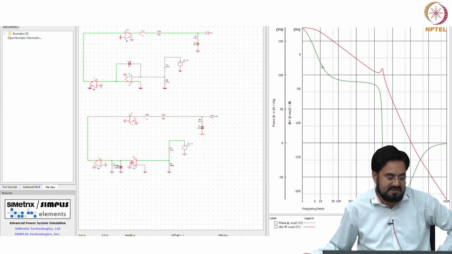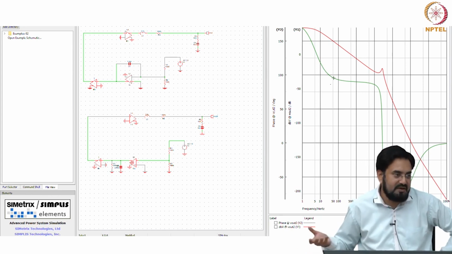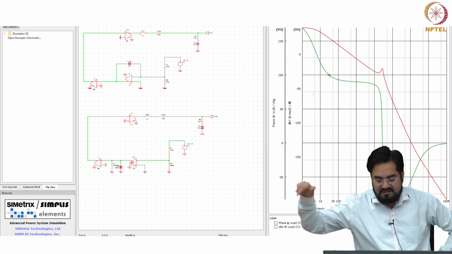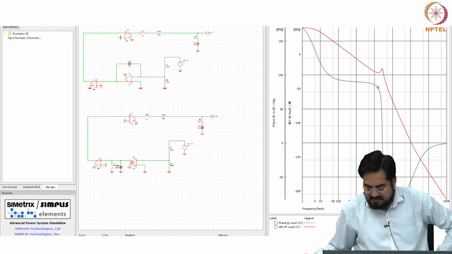So, you have a pole here due to this RC, and in reality you cannot get an ideal integrator. So, at DC it will always start with 180 degree, and then from here to here you can see, from 90 degree plus 92 it is going towards minus 90, okay.